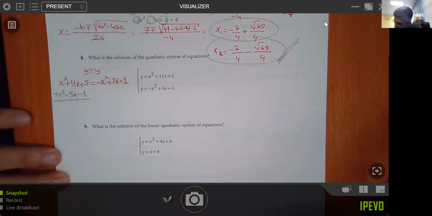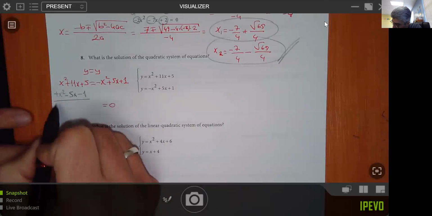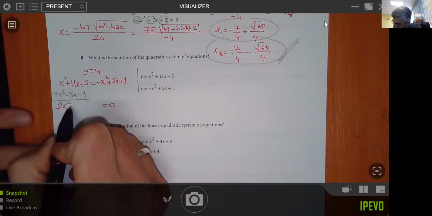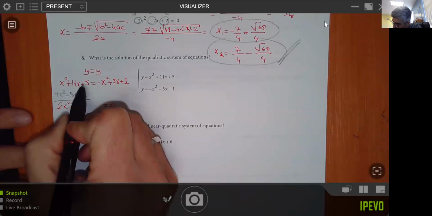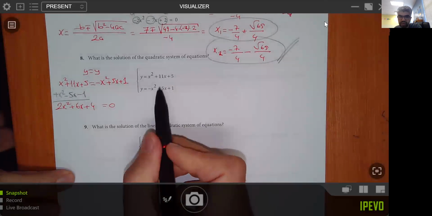So I will have 0 on the right-hand side. On the left-hand side, I have 2x squared, 11 minus 5 plus 6x, 5 minus 1 plus 4. This is my equation, and the solution of this equation gives the intersection of these two functions.